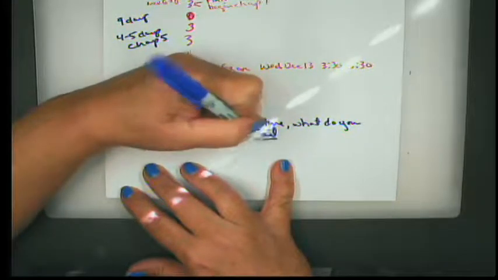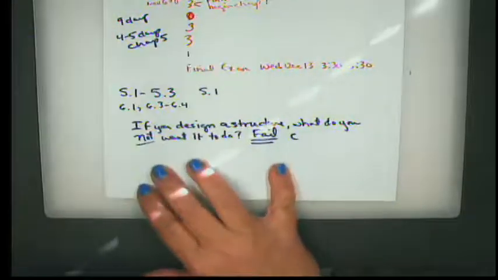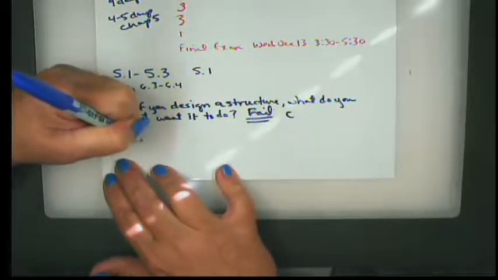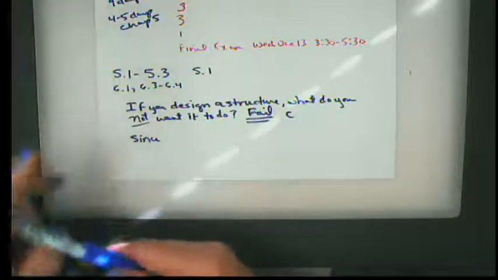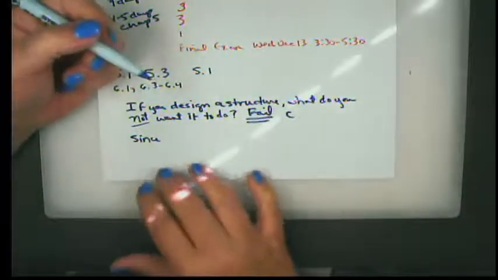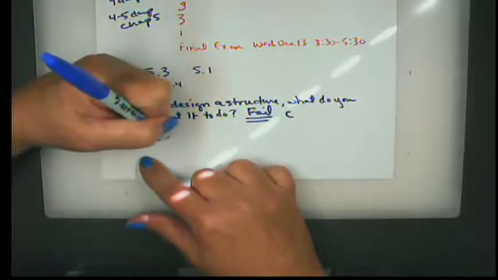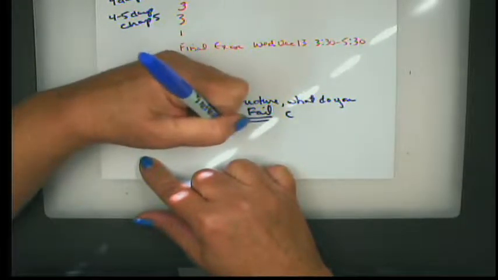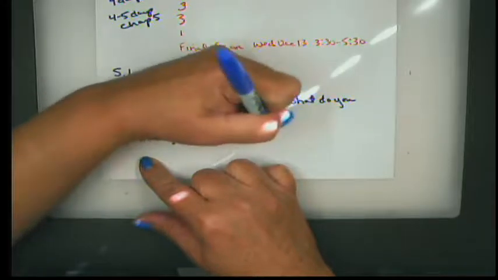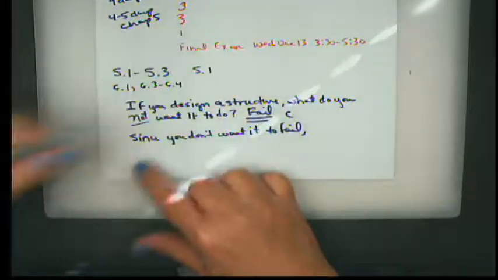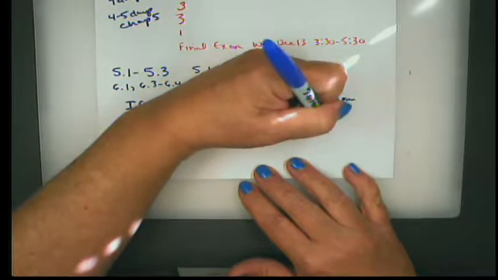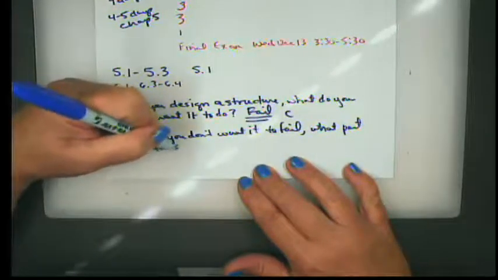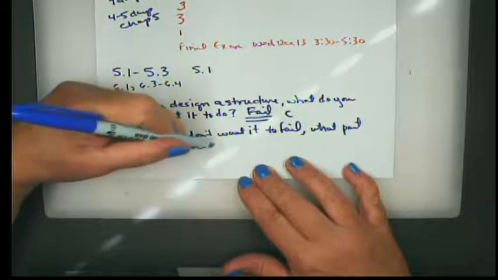That is correct. So if you don't want it to fail, since, as I've said before, failure is an option, it's just a very terrible option, but since you don't want it to fail, what part of the structure do you design for?